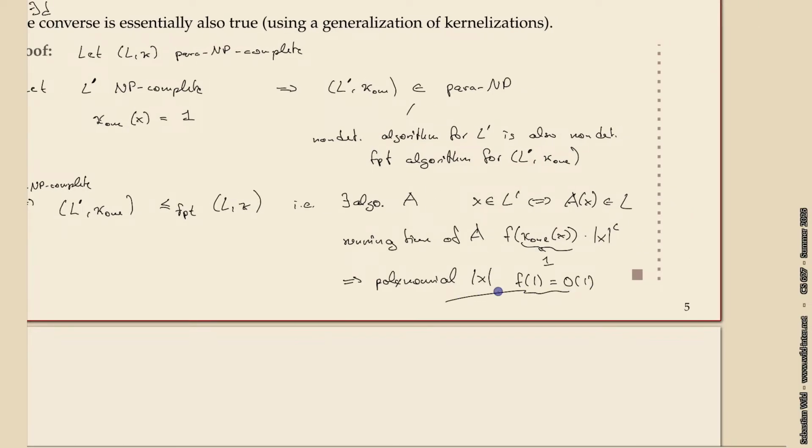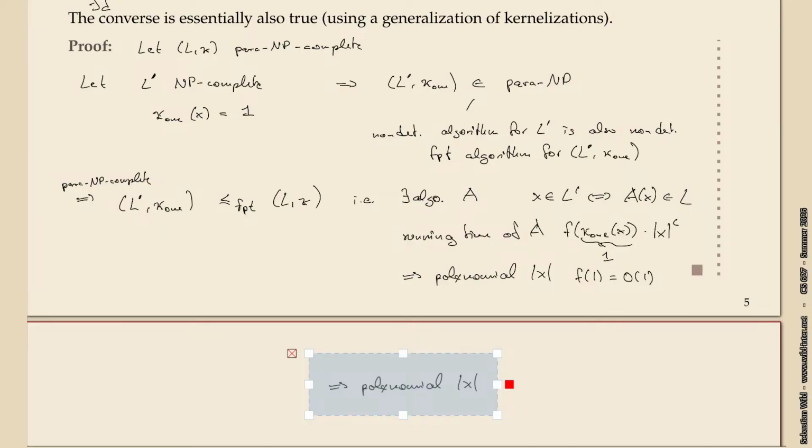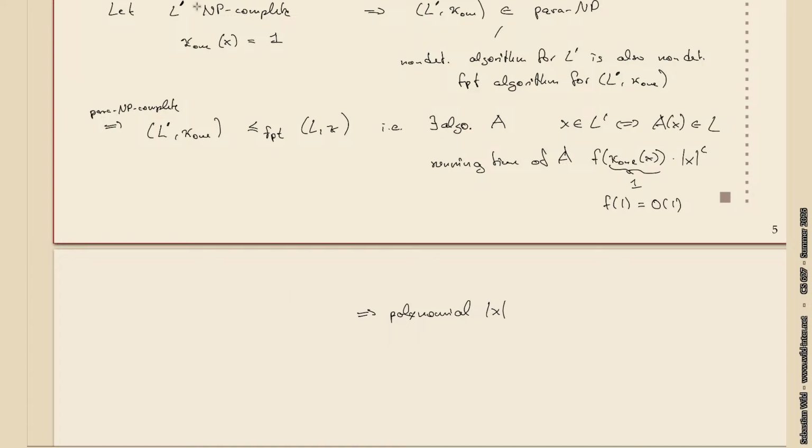Let me use my new page now that I made it anyways. So the running time of A is actually polynomial in x.